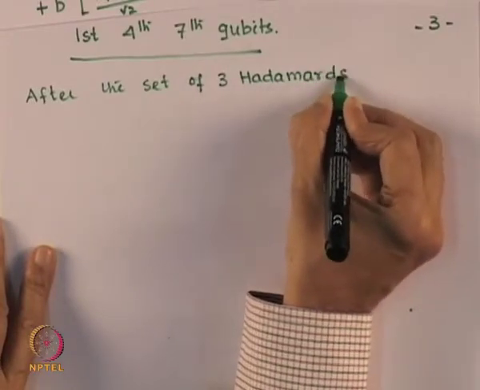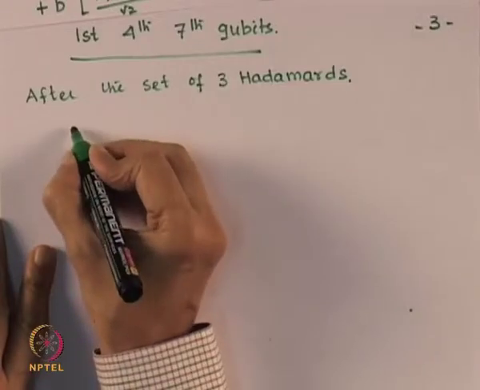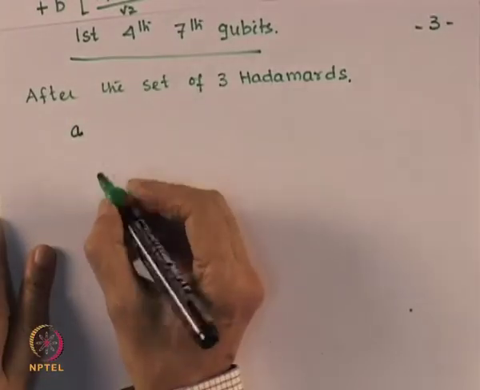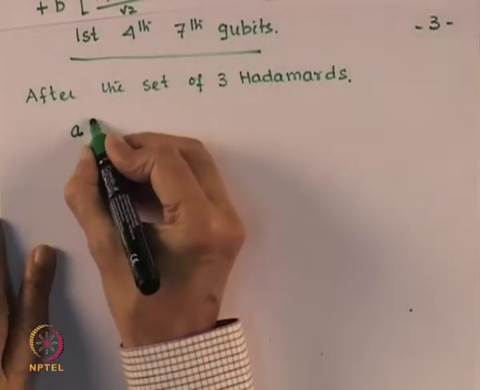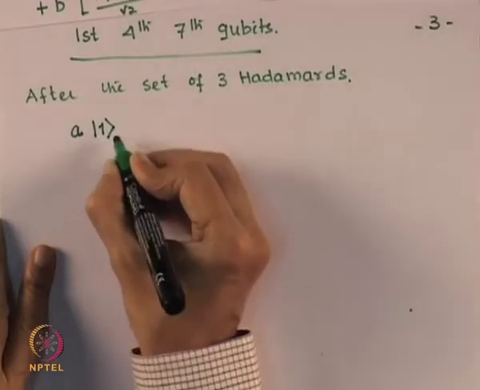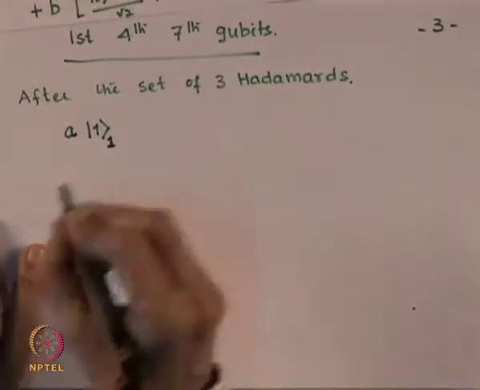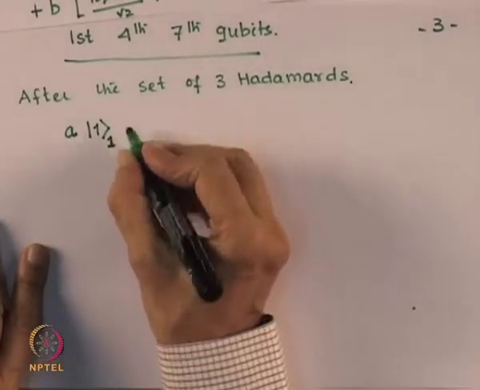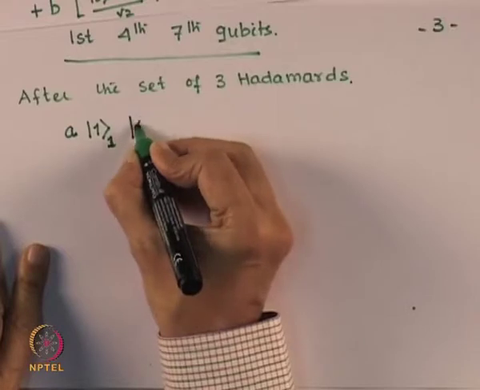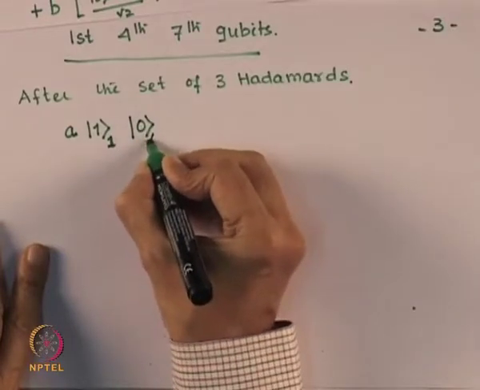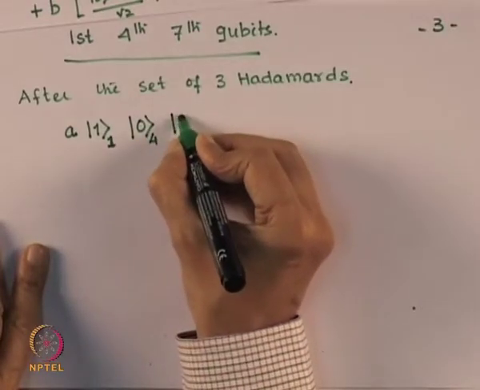I get the following. I get A times, remember this was 0 minus 1 by root 2, so let me write it as 1 on a Hadamard. And just to make sure that I am talking about line 1, I have indicated that. Then the fourth one is 0, and the seventh one is also 0.